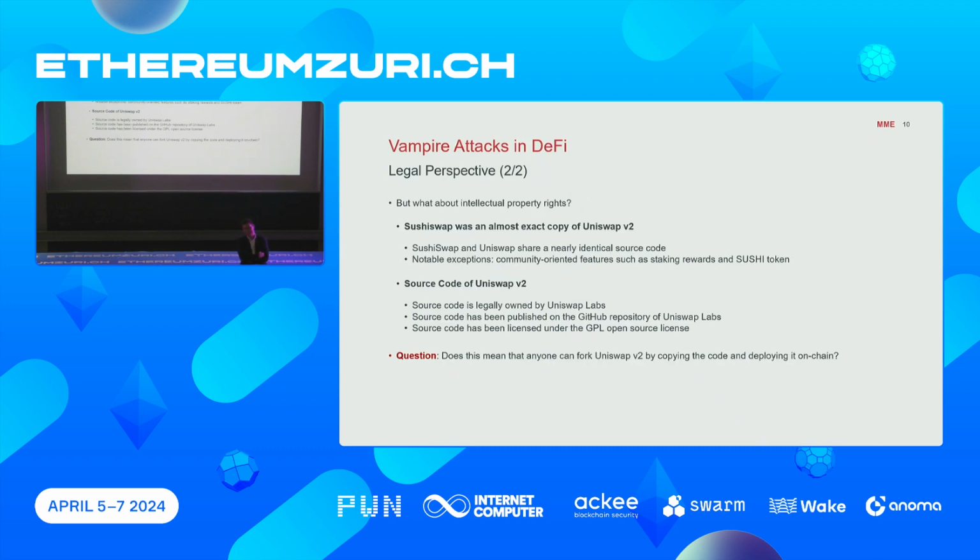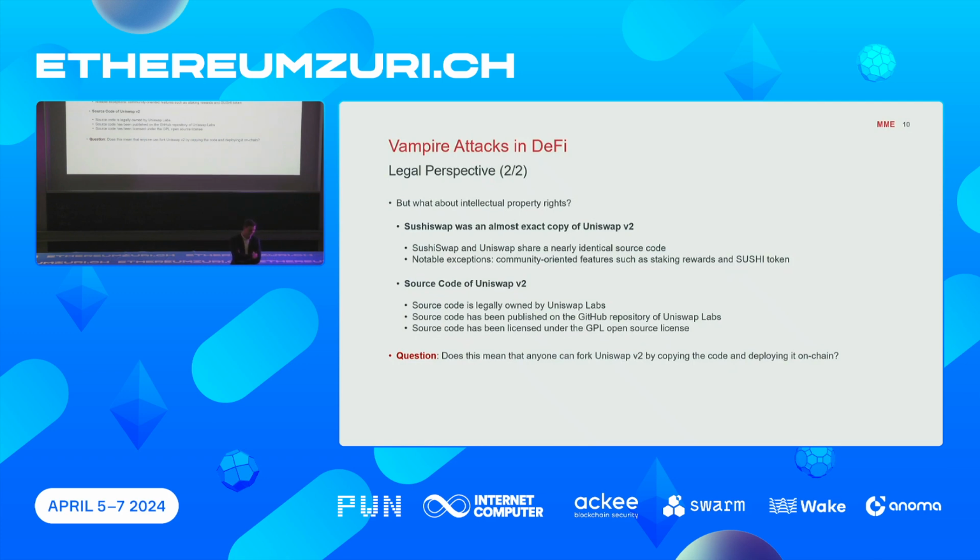The most important question is, was it legal that SushiSwap was basically an exact copy of Uniswap? When you look at that, SushiSwap had almost the exact source code with a few notable differences, which all concern these community-focused benefits.